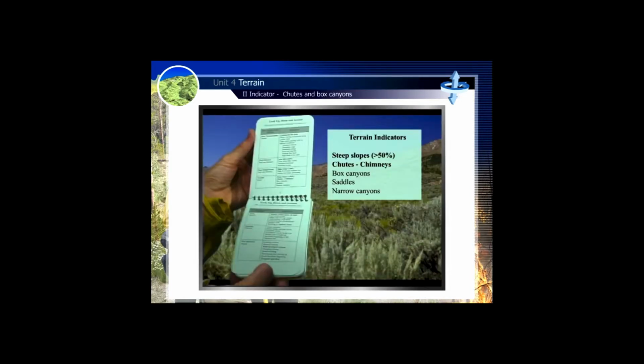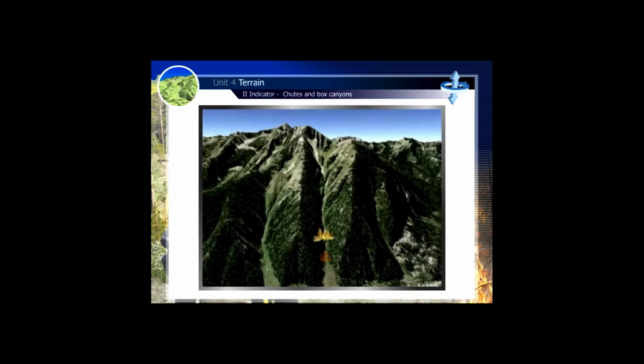Steep slopes can also cause downhill spotting problems due to rollouts of burning material igniting fuel below. Chutes and box canyons are also critical indicators. Watch for rapid upslope rates of spread because of the steep terrain and updrafts of air. This is often referred to as the chimney effect.